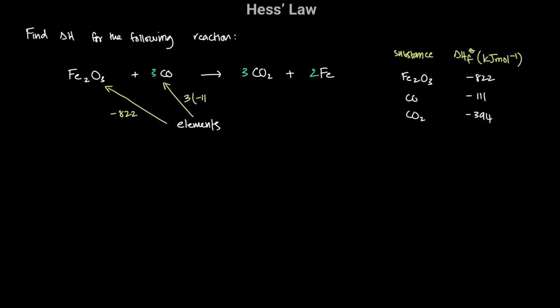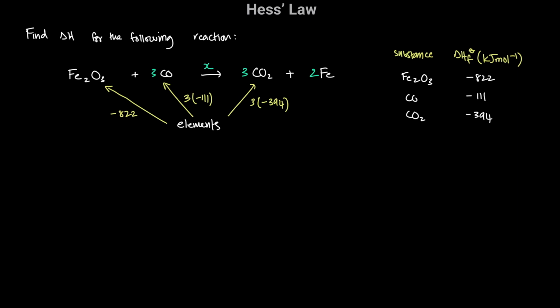Remember, enthalpy change of formation is for the formation of 1 mole of a substance. We have 3 moles, so that will be 3 times negative 111. And in the products, we have 3 moles of carbon dioxide, so that will be 3 times the formation of carbon dioxide, which is 3 times negative 394. And we want to determine the enthalpy change of this reaction.